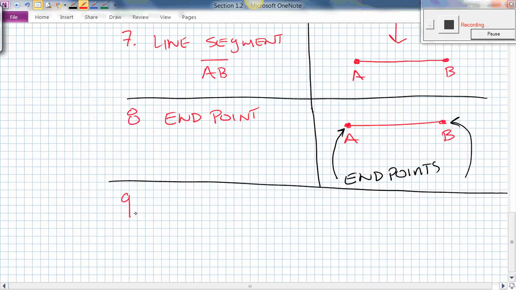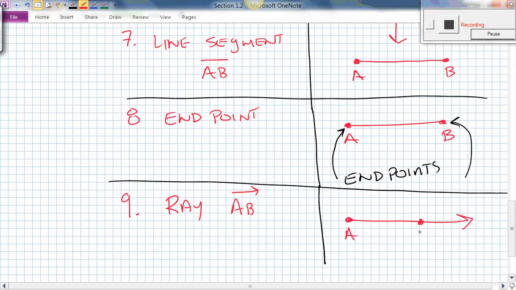Here's 9. We're going on to ray. So ray AB. Notice how I draw the difference for ray AB there. Ray AB is only part of a line, and it's going in one direction. So that's exactly what the picture is going to do.